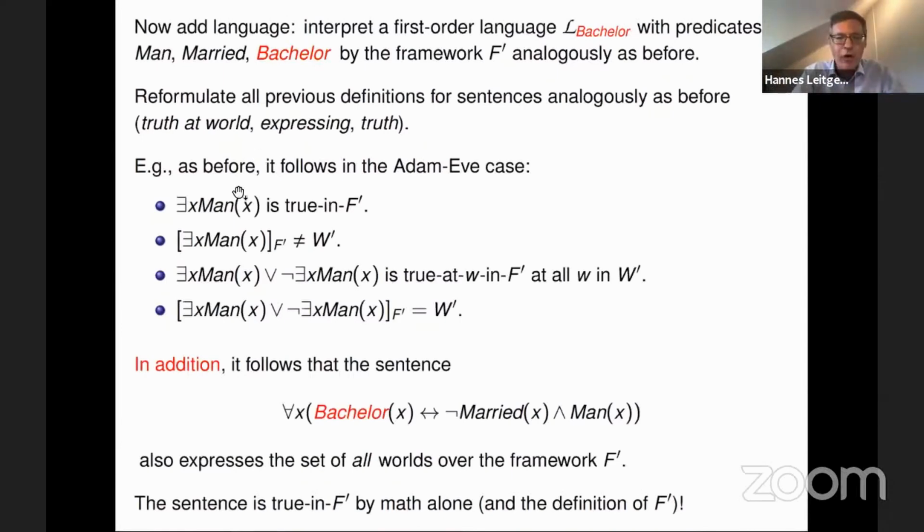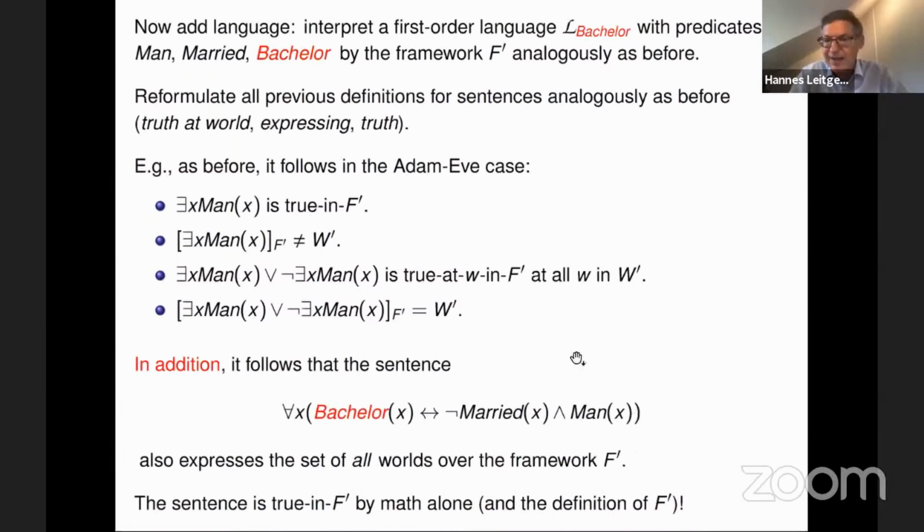Then you get, as before, the sentence "there is a man" is true in the framework, true simpliciter, in the Adam and Eve labeling structure, and everything that we had before remains the same. But now we get additional sentences with the bachelor predicate. For example, you expected it: for all X, X is a bachelor just in case X is an unmarried man, that is, X is not married and X is a man.